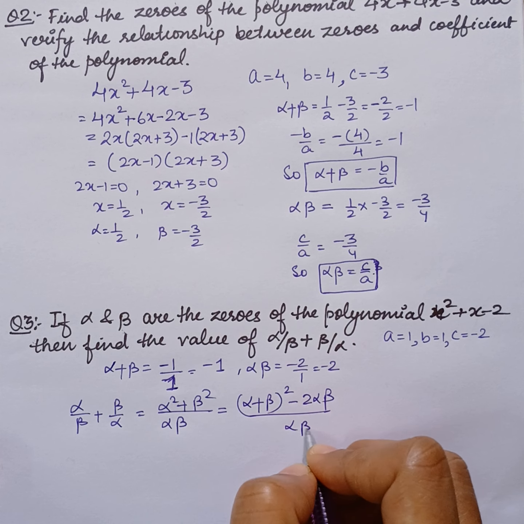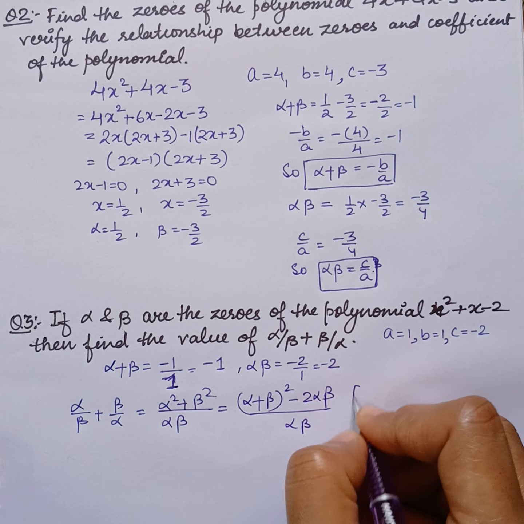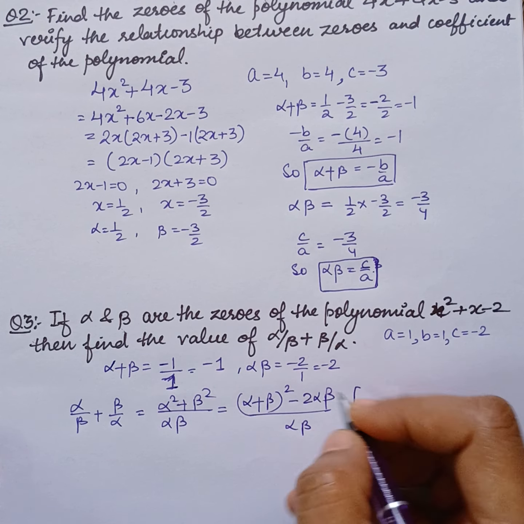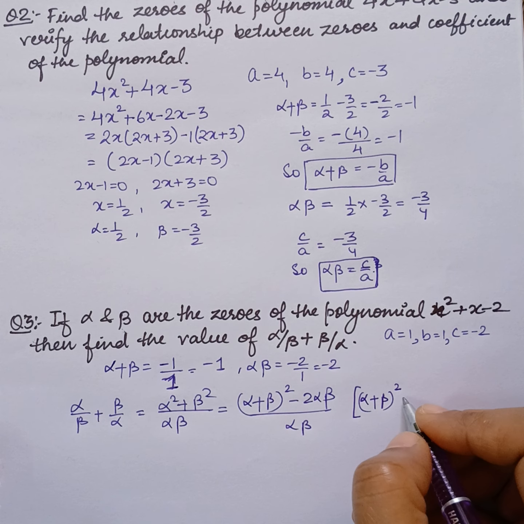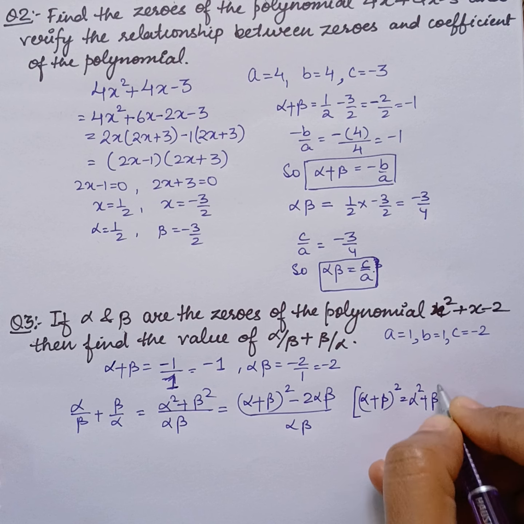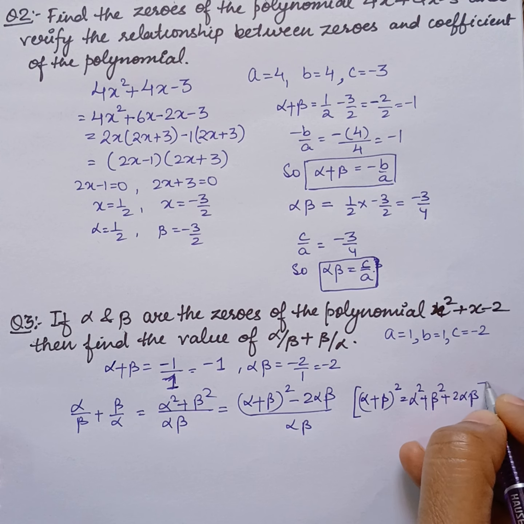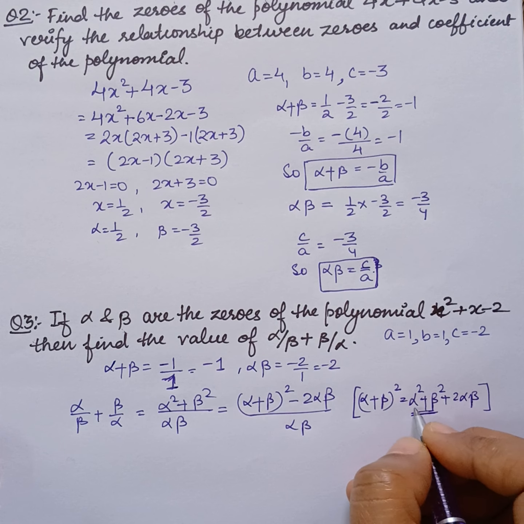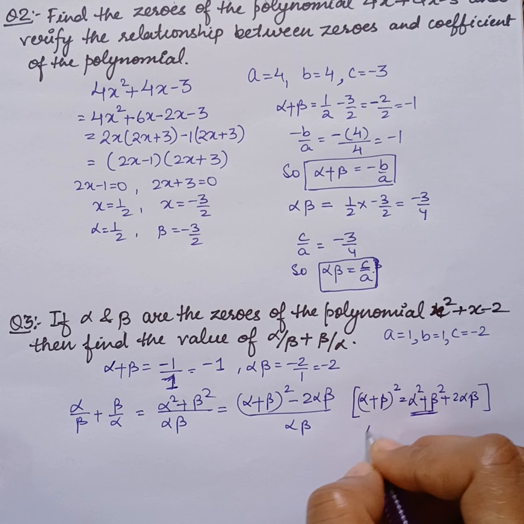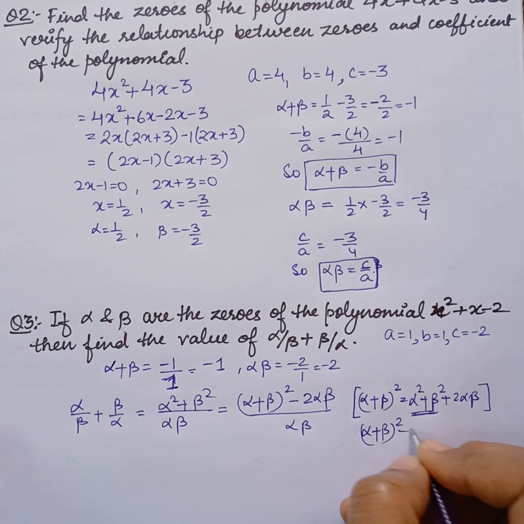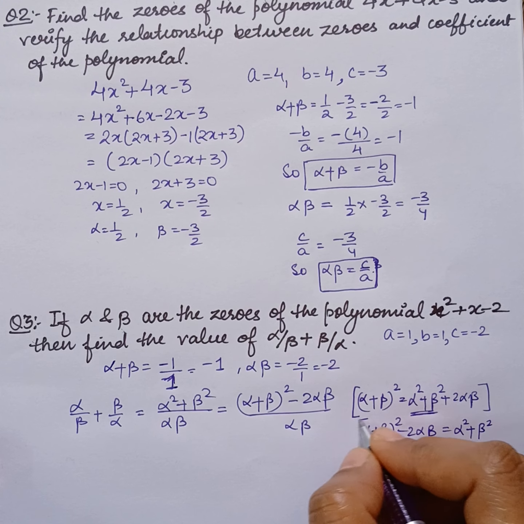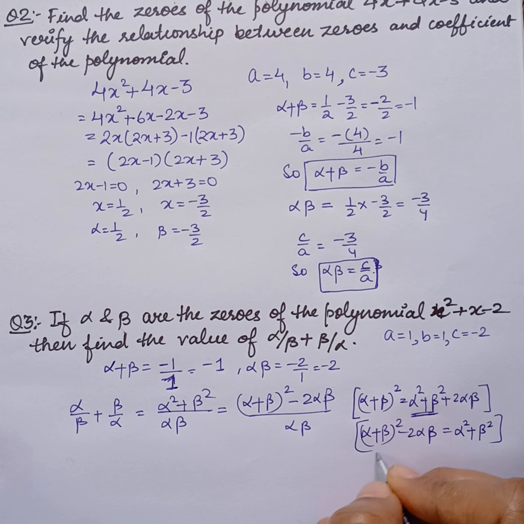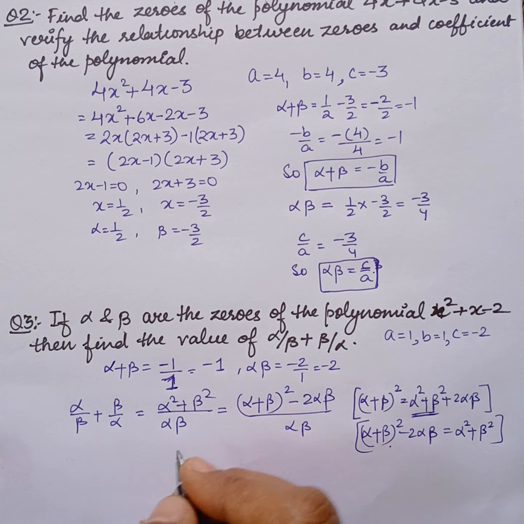I will let you know how alpha² + beta² can be written like this, because we know that (alpha + beta)² is equal to alpha² + beta² + 2 alpha beta, right? So we keep alpha² + beta² on this side and shift the other term to the left-hand side. So we will get alpha² + beta² as (alpha + beta)² − 2 alpha beta.